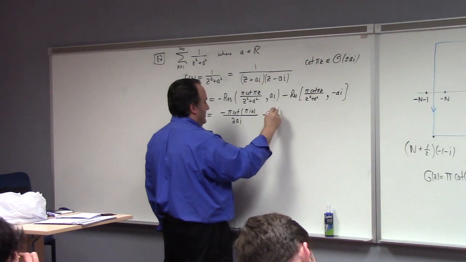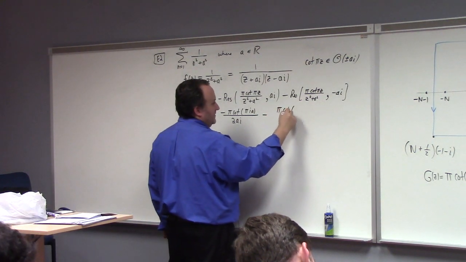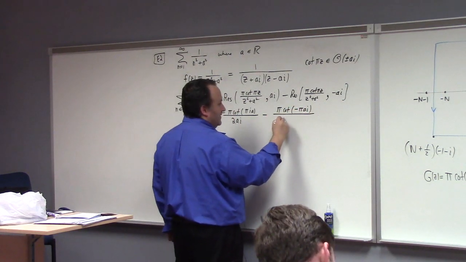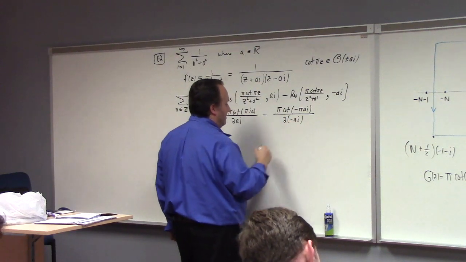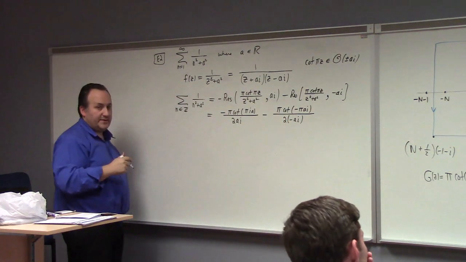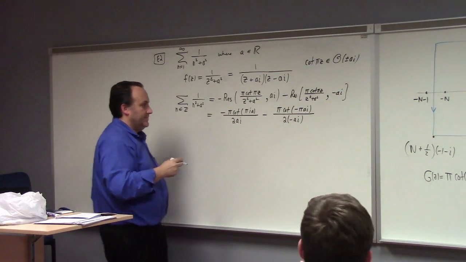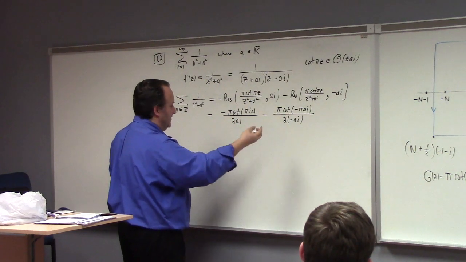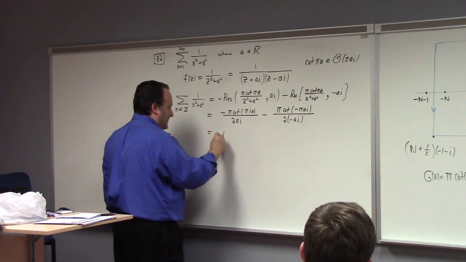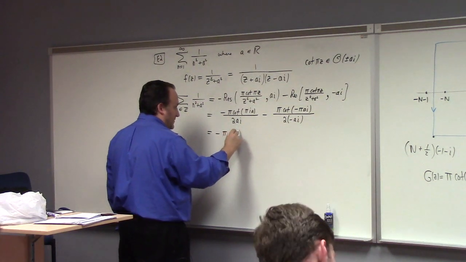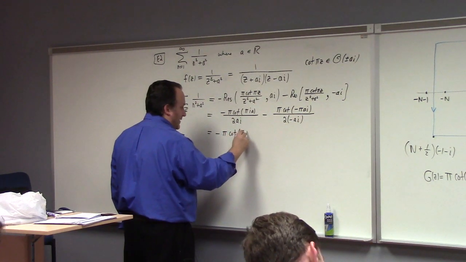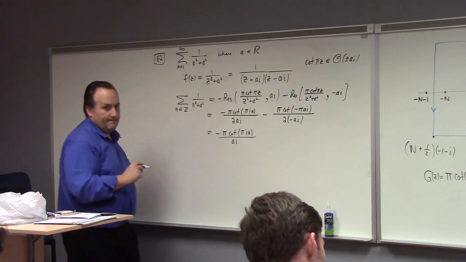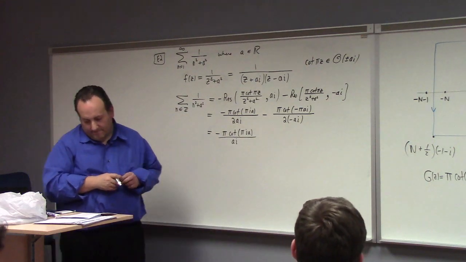And then minus pi cotangent of minus pi ia over 2 times minus ai. Three minuses, cotangent's odd, right? So altogether we got ourselves a minus pi cotangent of pi ia over ai. All right?